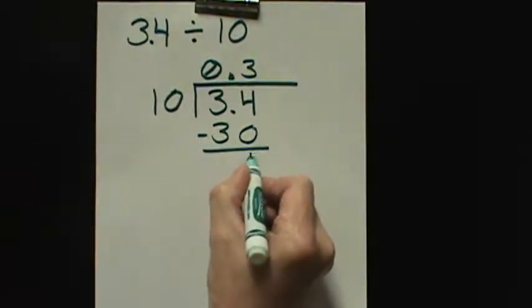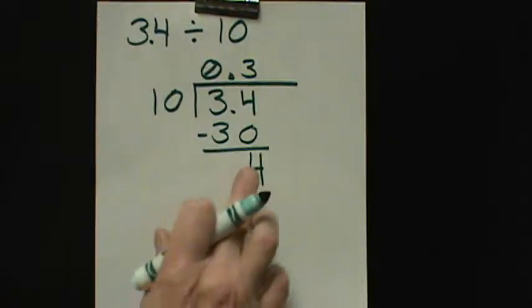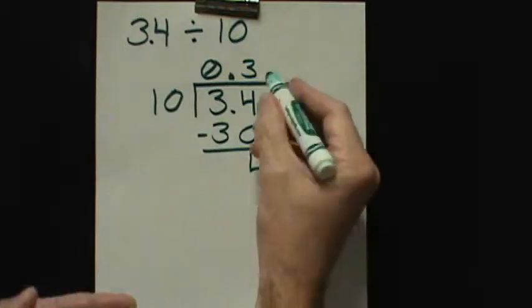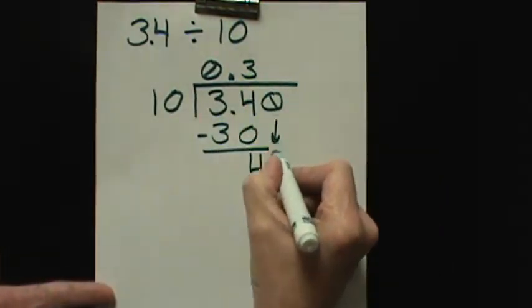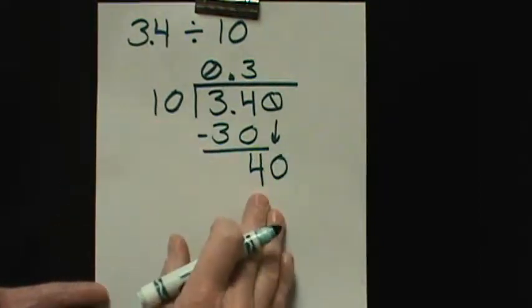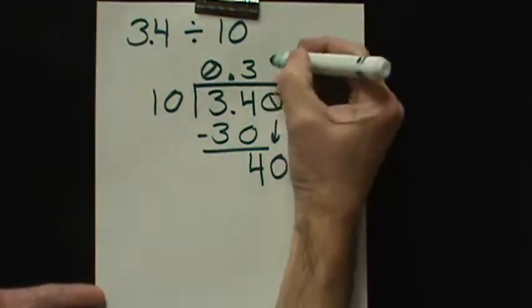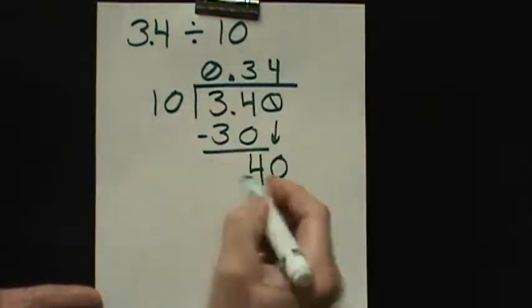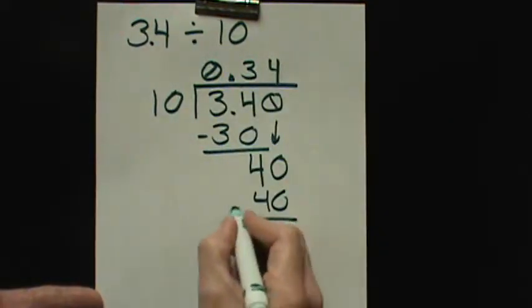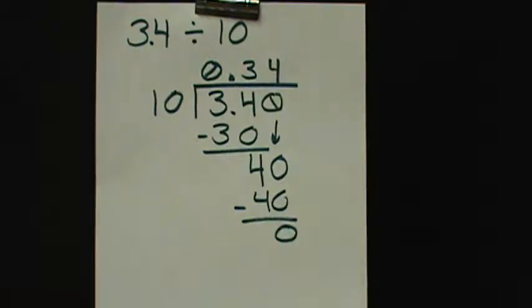We subtract, we bring down the 4. Now we still have a remainder, so we annex another 0 into the hundredths place. Bring it down, and we can see that 40 is a multiple of 10, so 4 will go up in our quotient in the tenths place. 4 times 10 is 40, and you end up with 0.